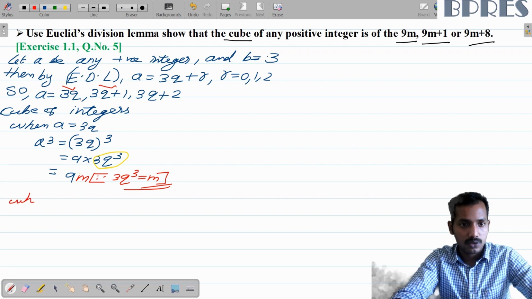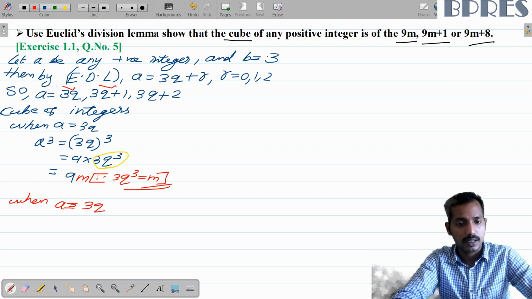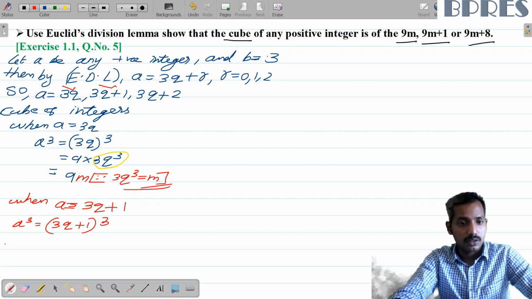When a is equal to 3q plus 1, then a cube is equal to (3q plus 1) whole cube. Here it is in the form of (x plus y) whole cube. What is the expansion of (x plus y) whole cube?